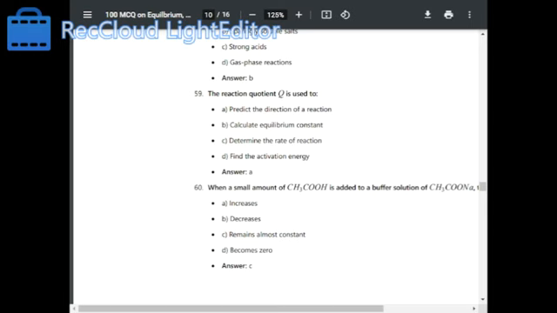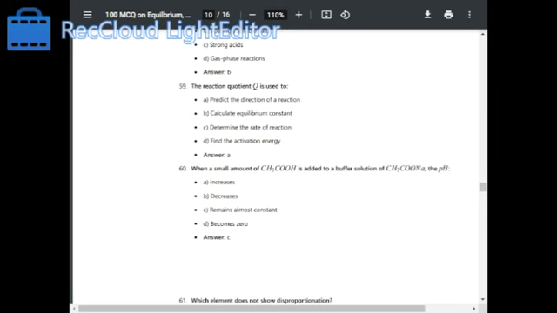The correct answer is C. The pH will remain almost constant, hence option C is correct.